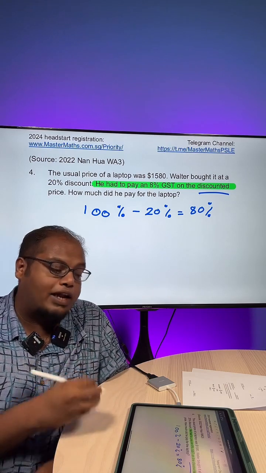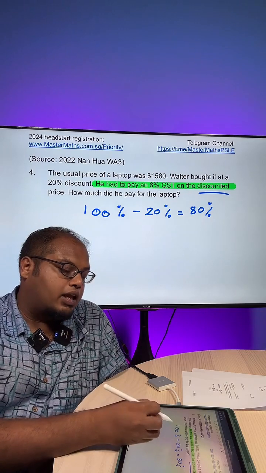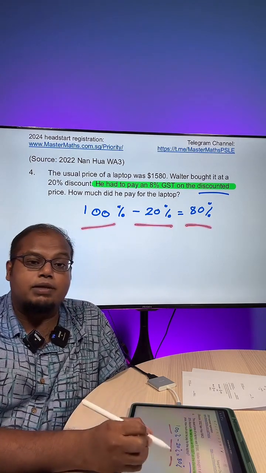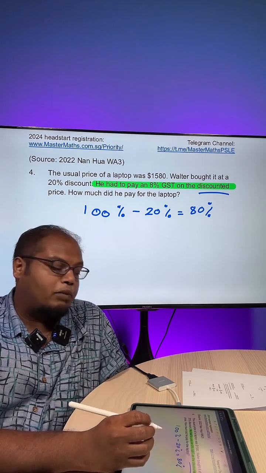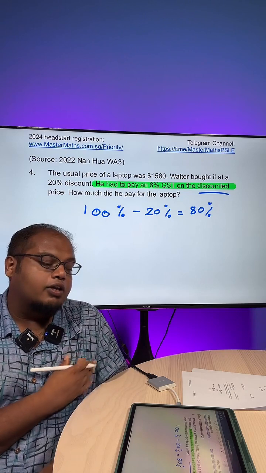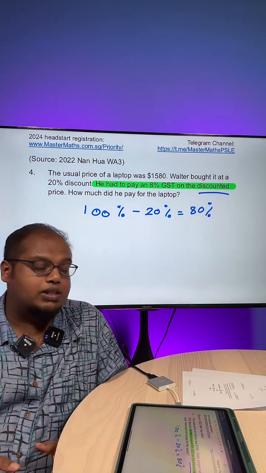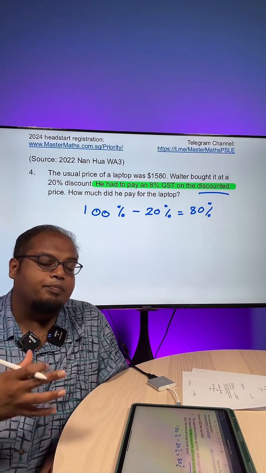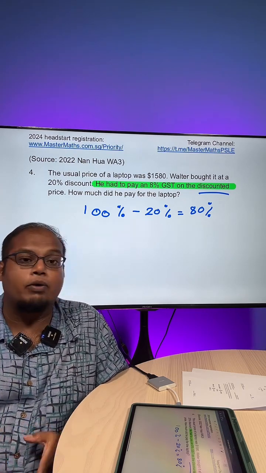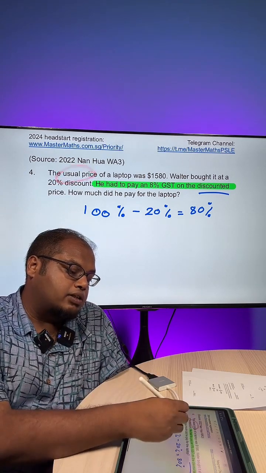So to find the discounted price, we can first take 100% minus 20% equals 80%. For some of you who might be asking, where does the coach get the 100% from? Usually anything that we start with is 100%, referring to the total amount or the initial amount or the original amount. Like in this case, the usual price is 100%.